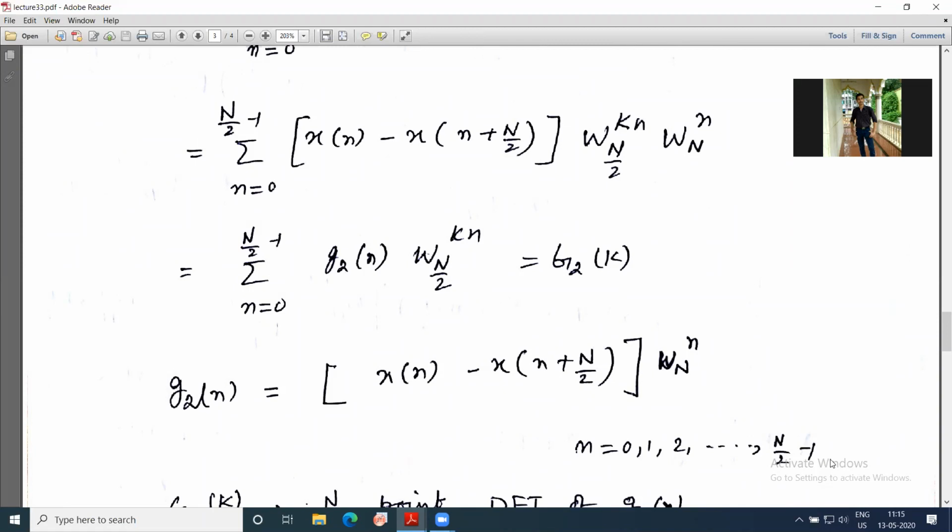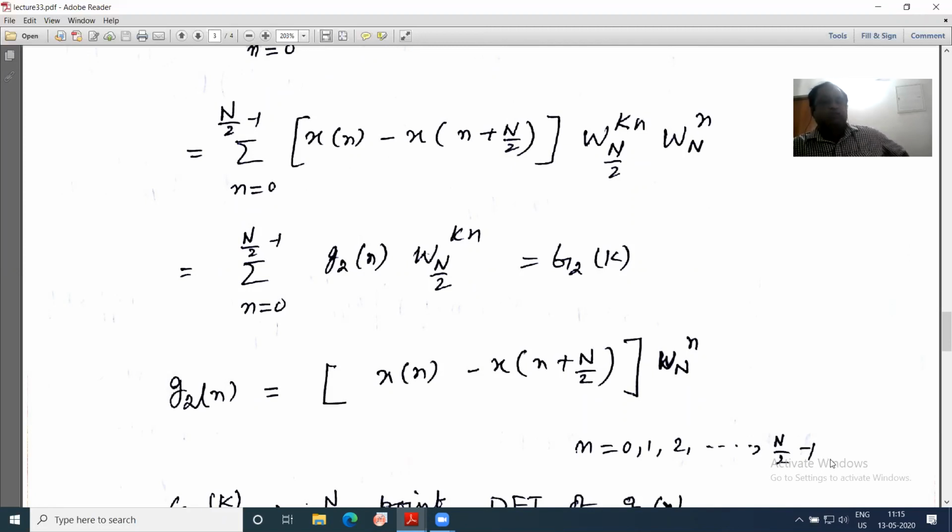So what we have done so far is that we have divided x of k into two parts, g1 of k and g2 of k. Of course, we have the corresponding g1 of n and g2 of n. They are now n by 2 point dft, where x of k is my n point dft.